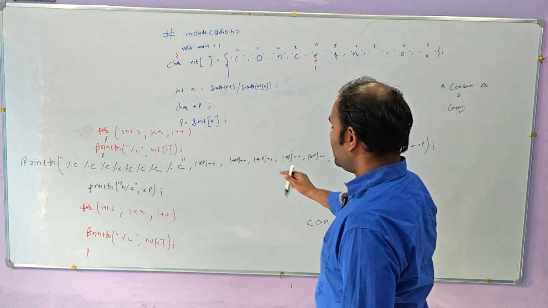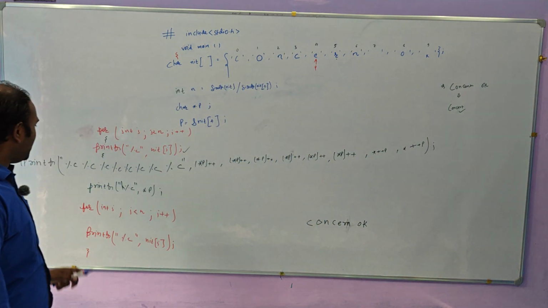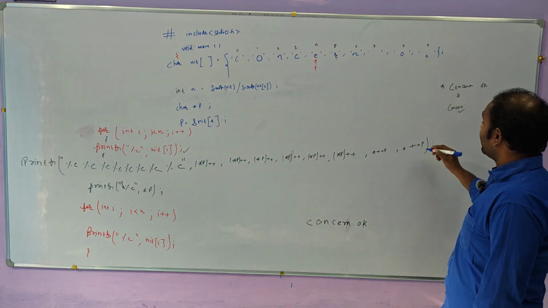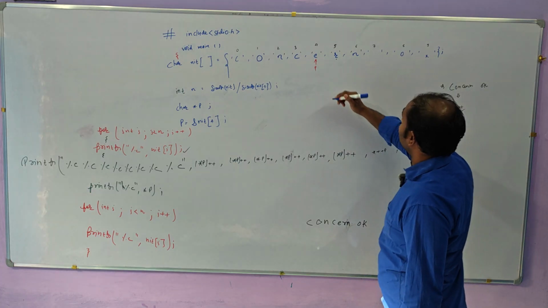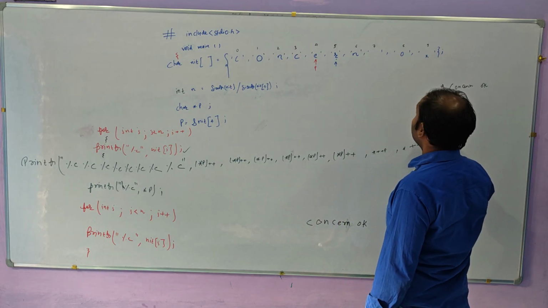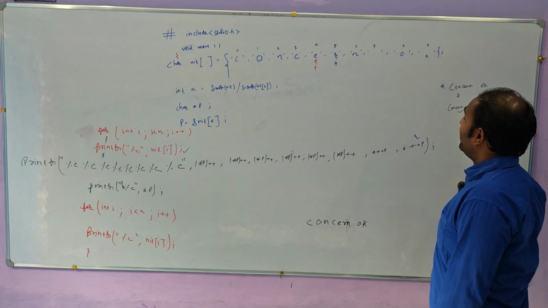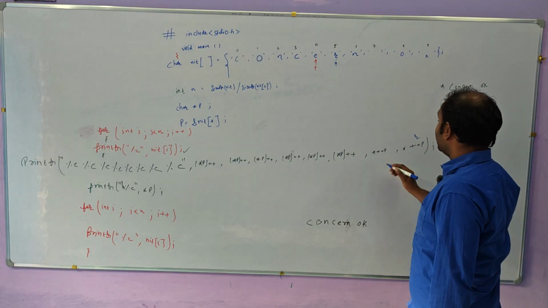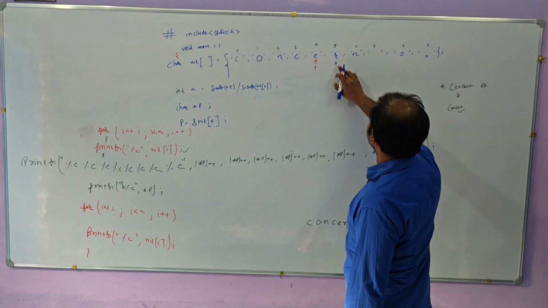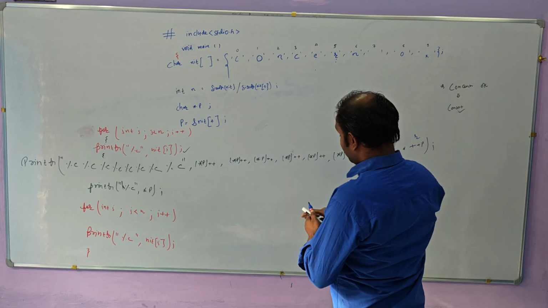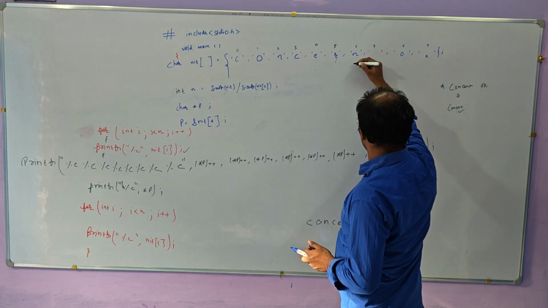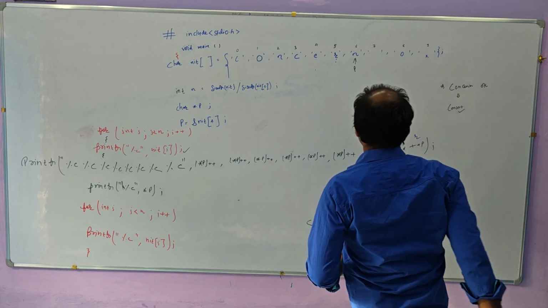Now firstly it will print this. After this, we check with *p plus plus, then the value becomes this, it gives R, and pointing to this.